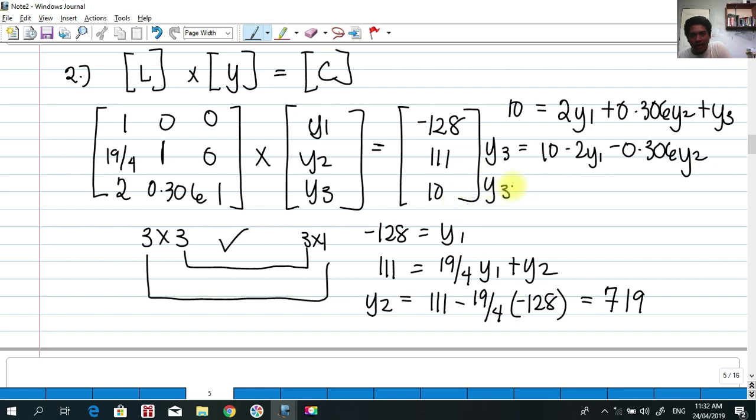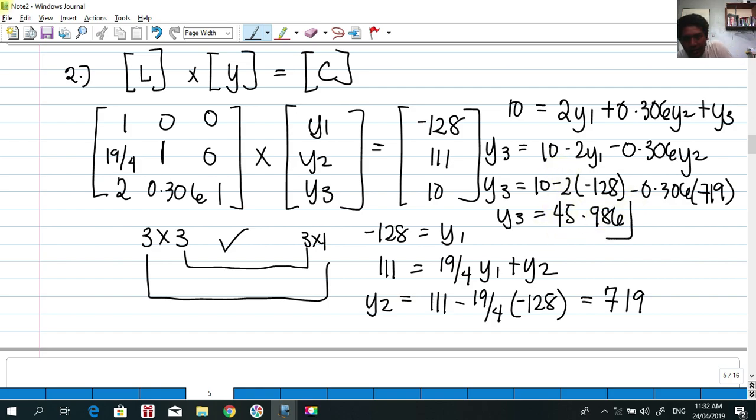We have the values for y sub 1 and y sub 2. So we have 10 minus 2 times negative 128 minus 0.306 times 719, and our value should be 45.986. So these are our values: y sub 3, y sub 2, and y sub 1.